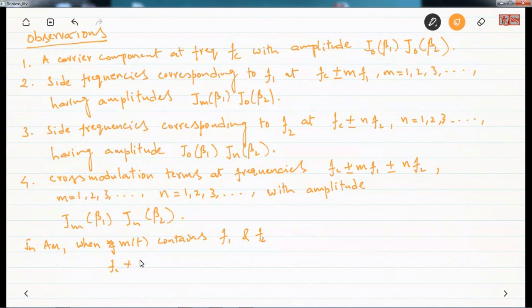Fc plus or minus f1 and Fc plus or minus f2. Just for example, think about this.